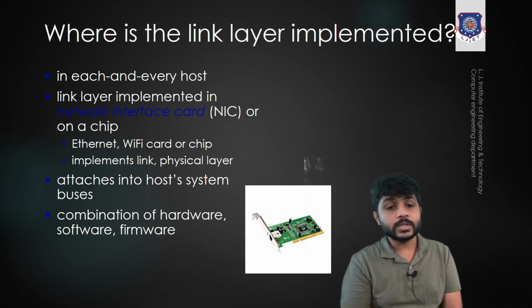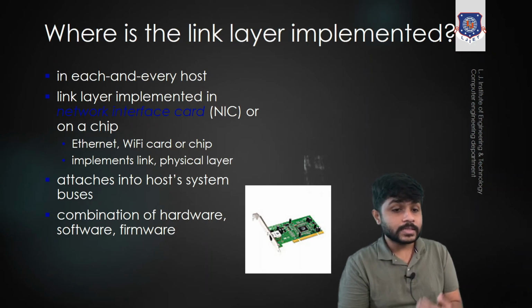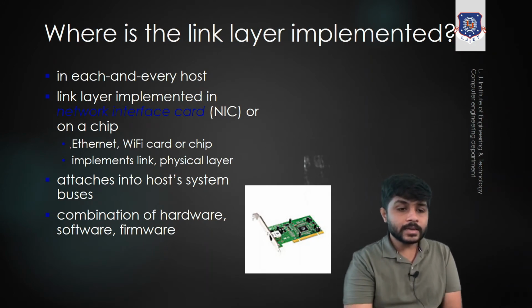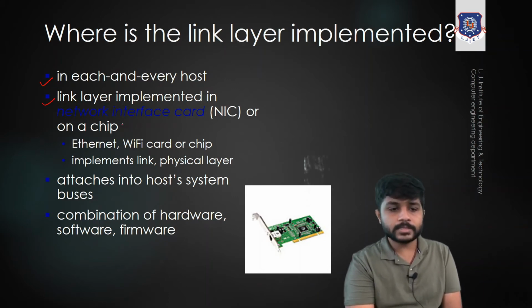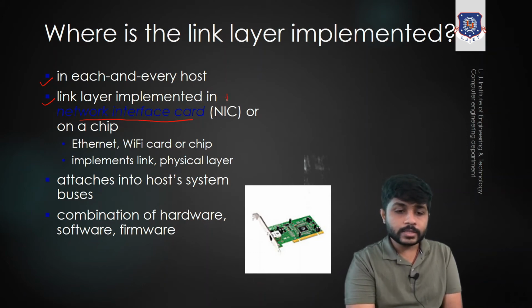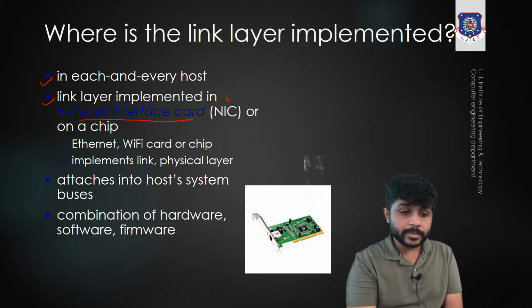Now the question is where the link layer is implemented. The link layer is implemented in each and every host. Generally in your laptop there is a network interface card in which the data link layer is implemented. The data link layer is also implemented in different circuits such as an Ethernet card or Wi-Fi card or chip.